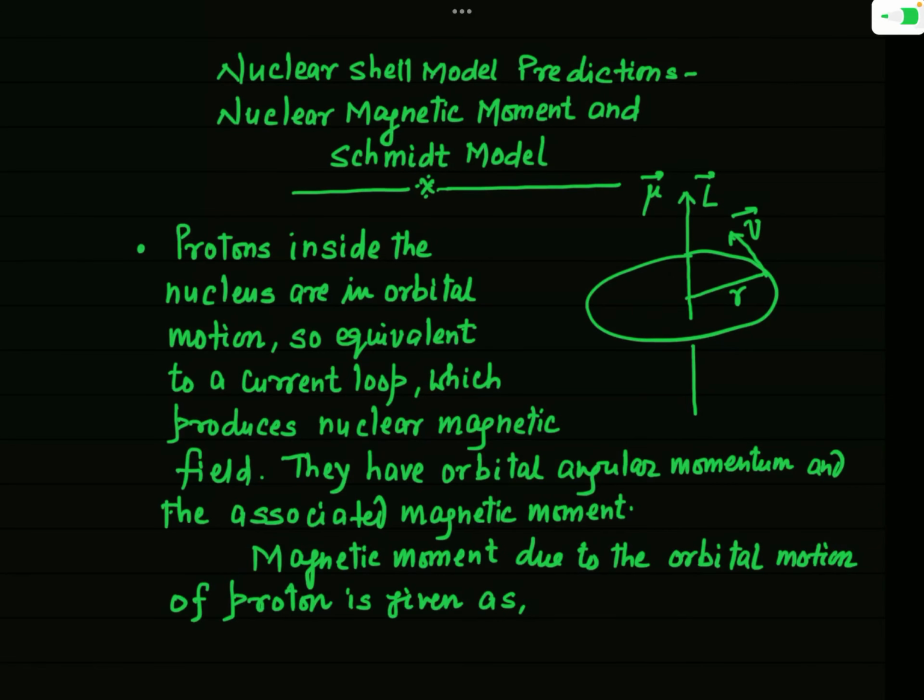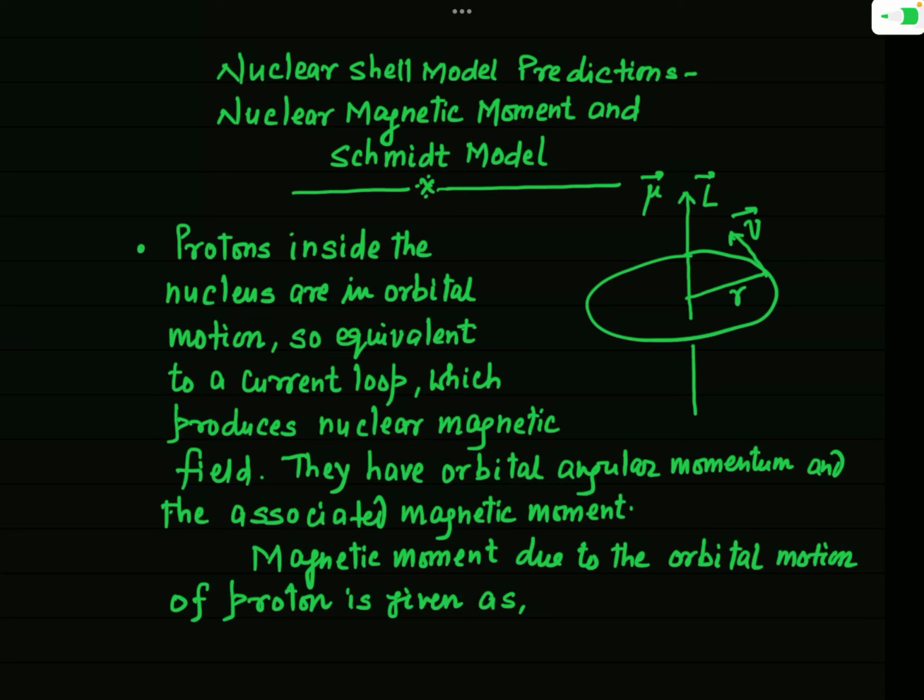Under the prediction of the nuclear shell model, or you can say the independent particle model or single particle model, today we are going to discuss the nuclear magnetic moment and the Schmidt model.